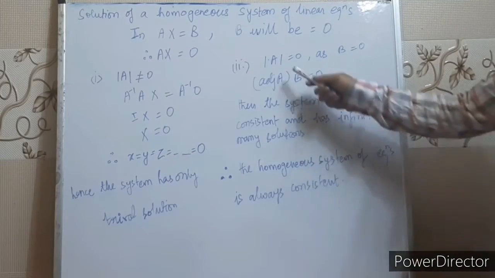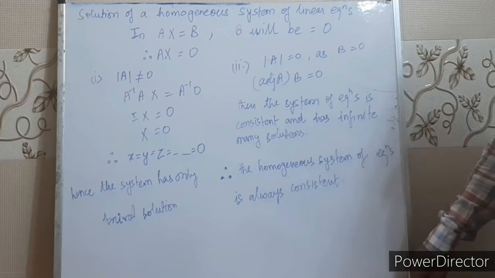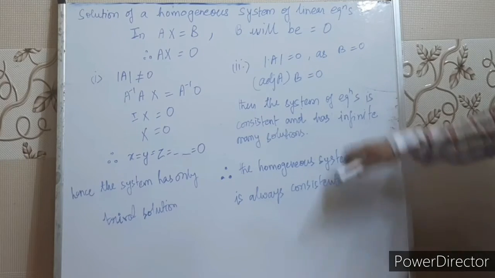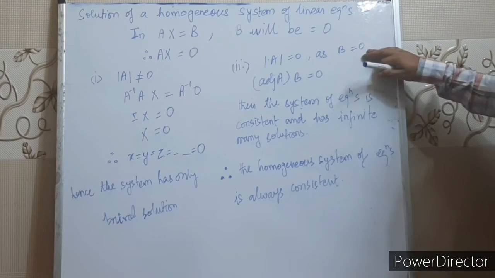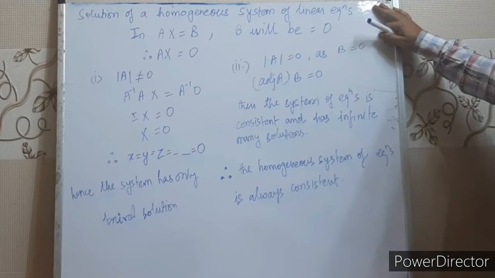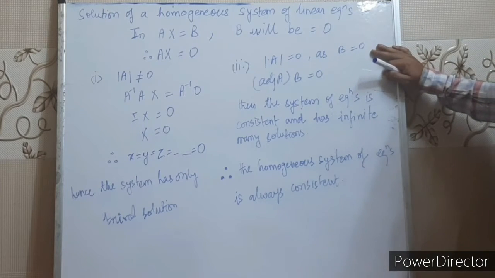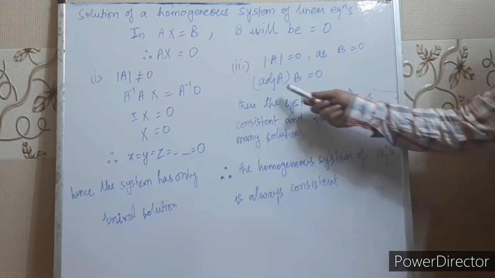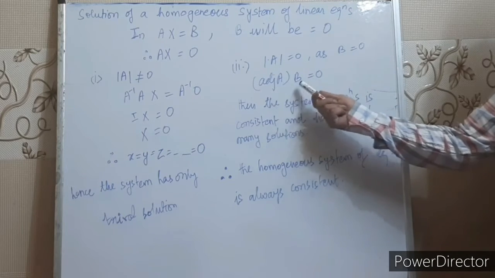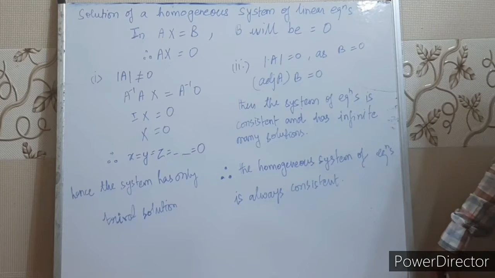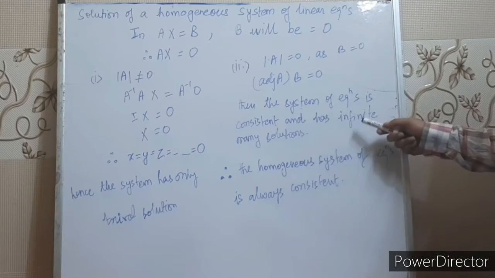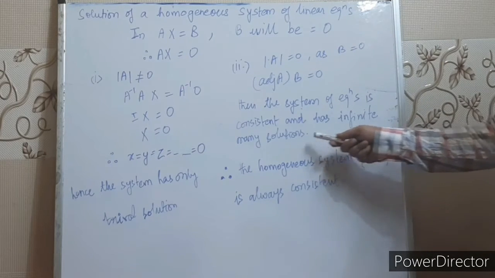And in the second case, when the determinant of A matrix is 0, that means A is a singular matrix, and we also know that B is also singular. It is given in homogeneous system of linear equation, B matrix will always be a null matrix. So we can say that adjoint A into B, what we will get? B is null matrix, so the product will always be a null matrix. Then we can say that the system of equation is consistent and has infinite many solutions.